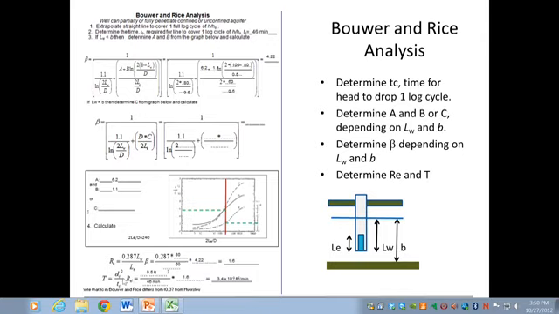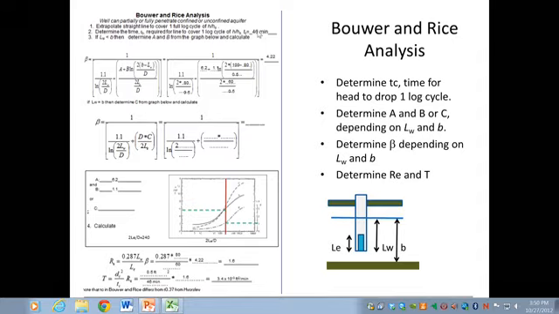These are the values of the diameter of the casing here, and then 46 minutes as the characteristic time from here that we determined from the previous page. So if you go through and do those calculations, you get this result, 3.44 times 10 to the minus 3 feet squared per minute.